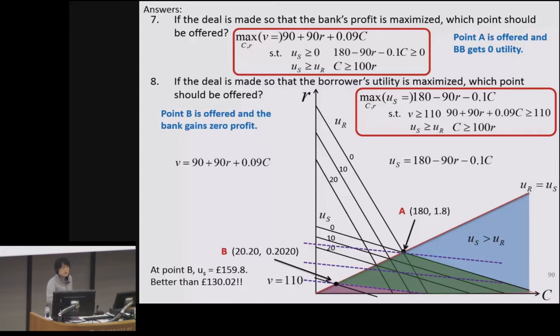Their payoff was £130. Now, with the use of collateral, Brown Bakery is induced to select the safe project. The bank is happy to charge a very low interest rate, and Brown Bakery's payoff is £159. It's not as good as when the project type was observable, but still it's a lot of improvement.